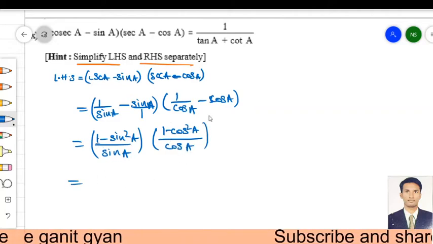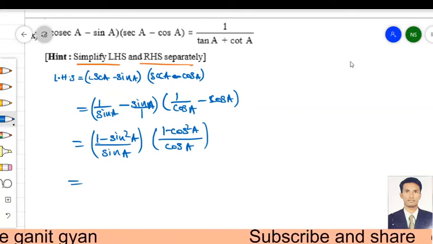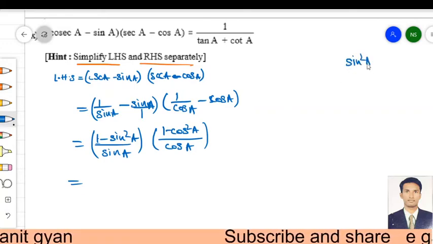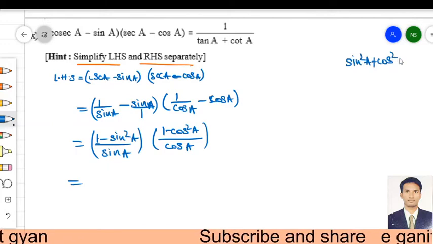Okay, we have a basic identity, sin square A plus cos square A, which is equal to 1.